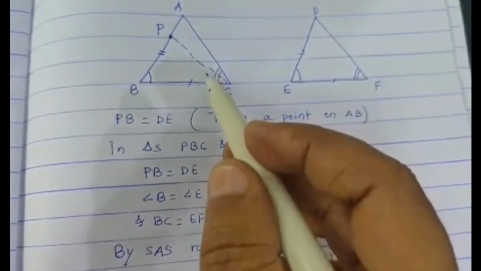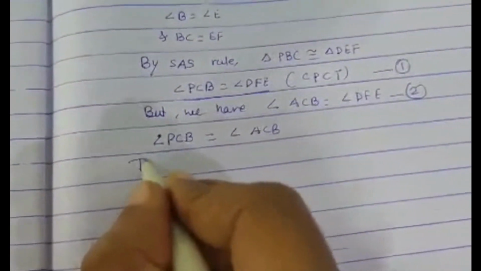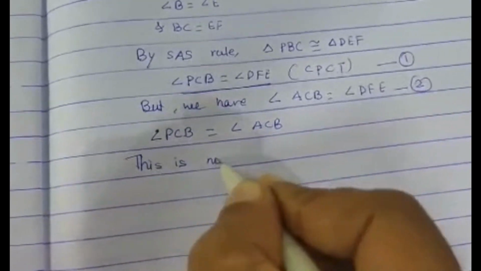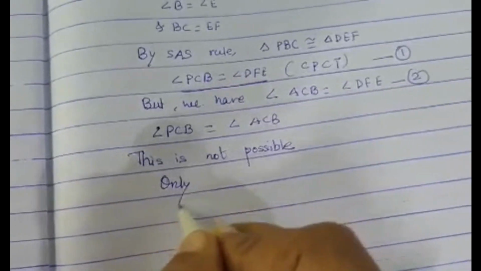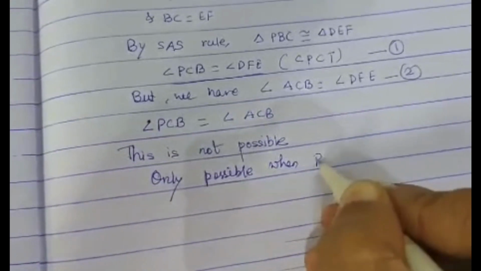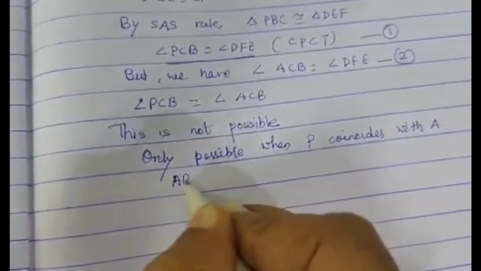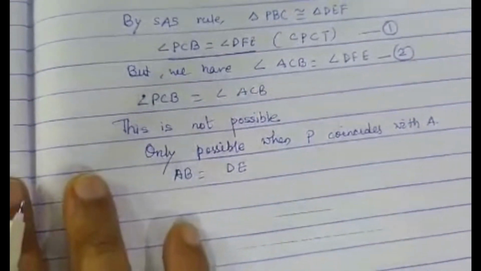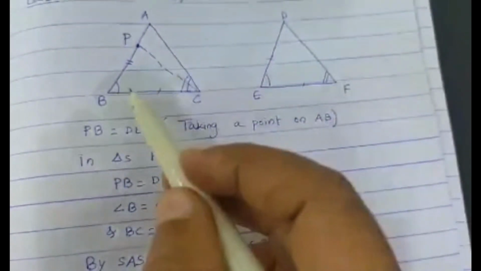But this is contradictory. These two angles cannot be equal. This is not possible. This is only possible when P coincides with A. That means AB equal to DE, and when AB equal to DE, then we can directly say this side is equal, this angle is equal, this side is equal.